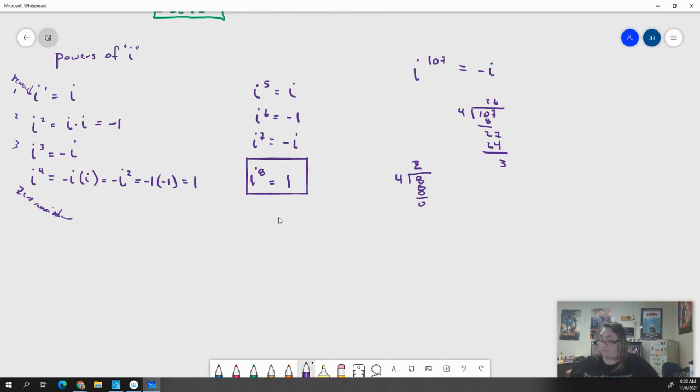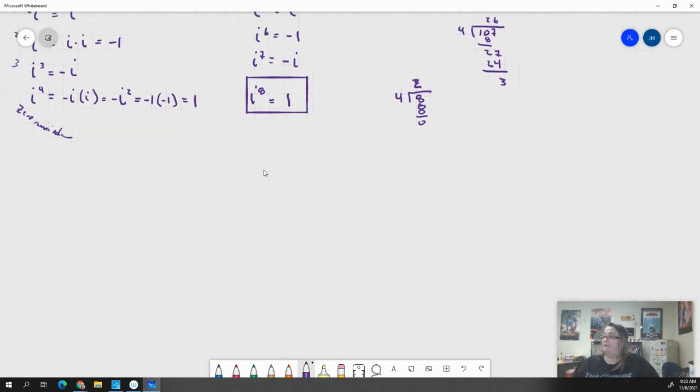Right? And we could do this all day long, right? i to the 203 power, right? I'm just going to go 203 divided by 4. Well, 4 goes into 20 5 times, and I get 0 remainder, but 3 down here. 4 doesn't go into 3 at all, so I get a remainder of 3, right?